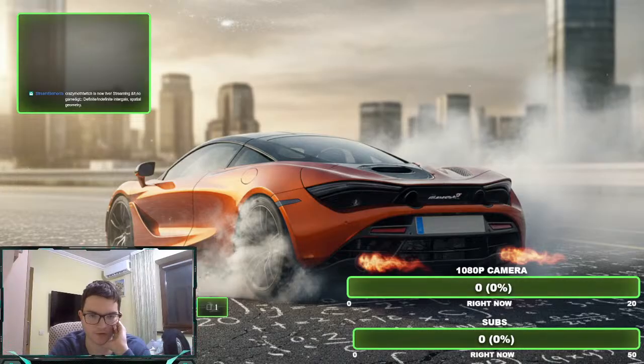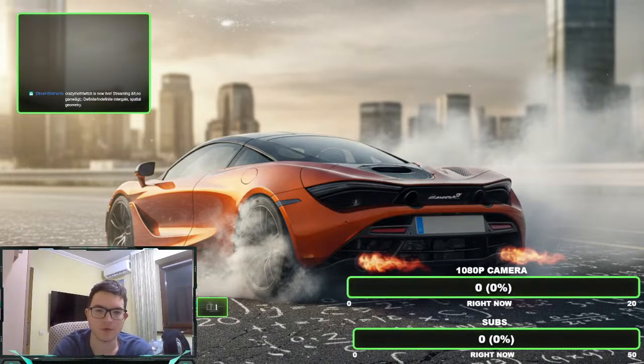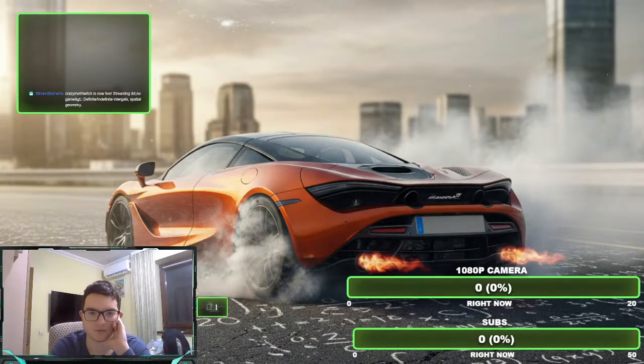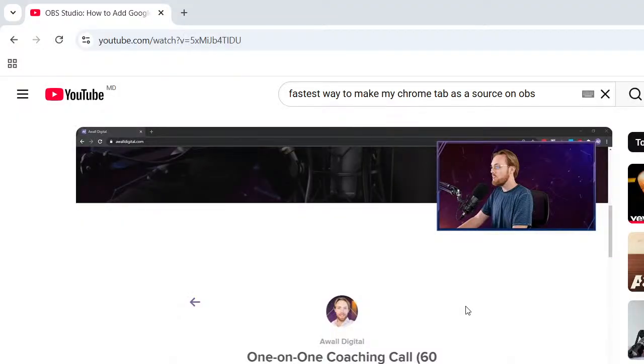Window capture. This. Yeah, that. Automatic. Capture audio. What?